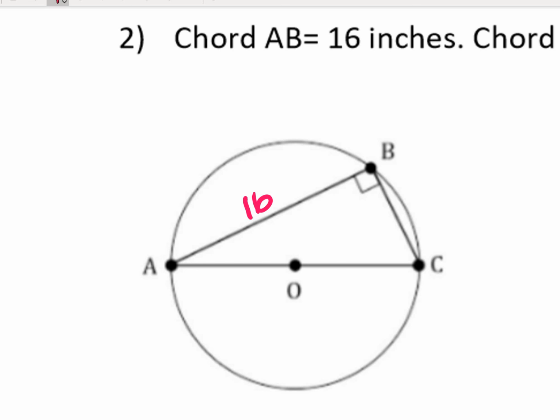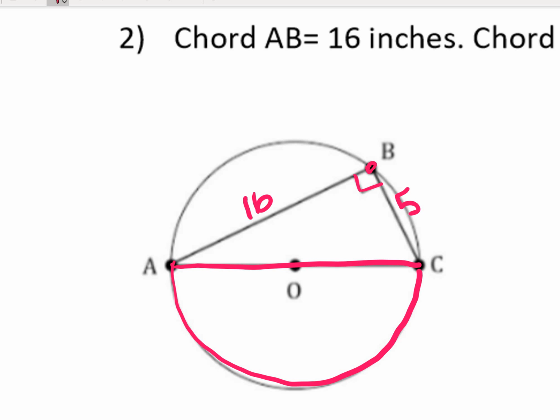Chord BC is 5. And they gave us a right angle here. So this angle right here is intercepting this arc AC, and we also know that it's intercepting this diameter.